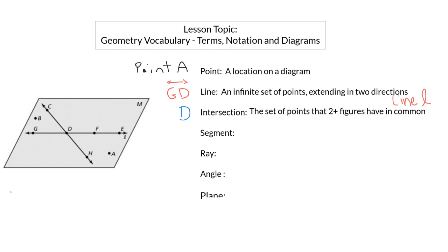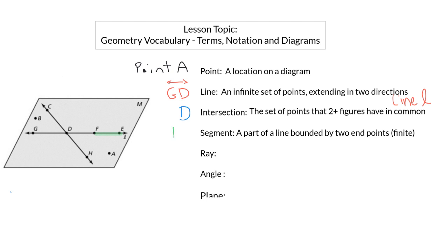Now, a segment is a portion of a line. So we go back to this line here and we talk about a portion of a line that has 2 endpoints, let's say F and E. So it's a part of a line that has 2 endpoints. It goes from F to E. It doesn't go infinitely in either direction. That is a segment. So let's use just green here and talk about that segment FE.